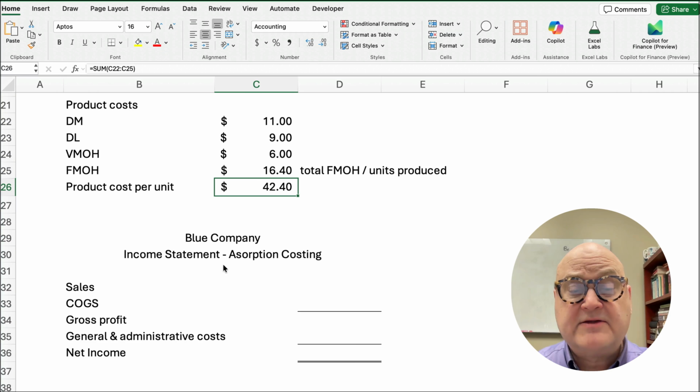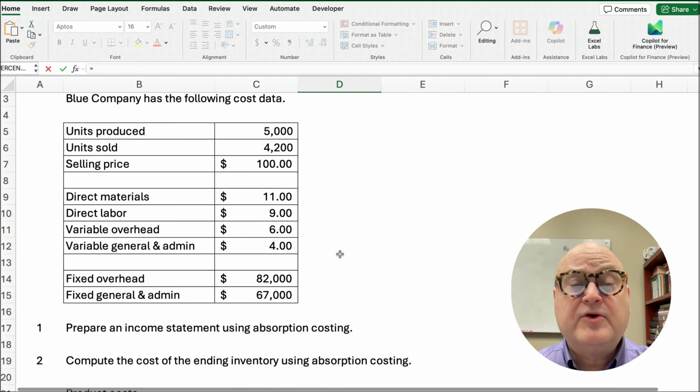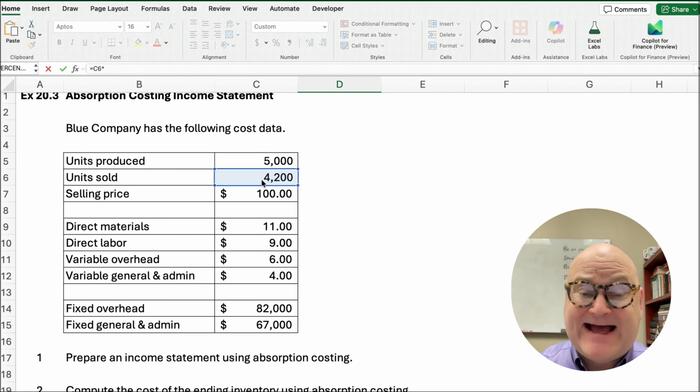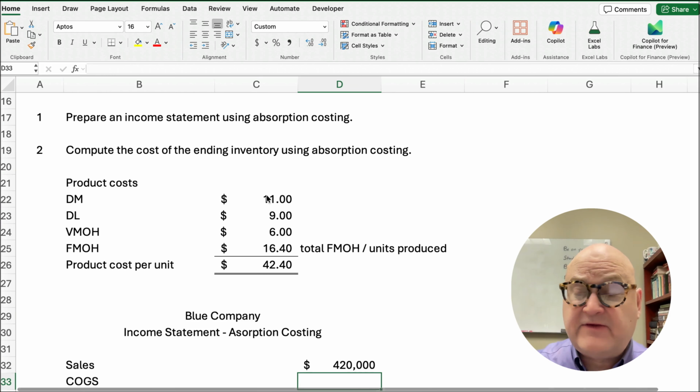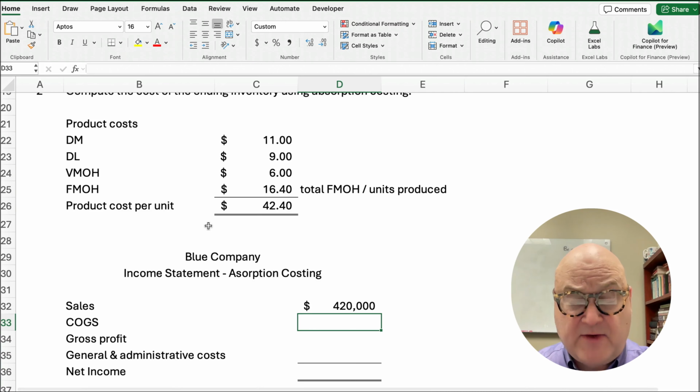So let's calculate the income statement using absorption costing. Absorption costing is the traditional costing. What's our sales? Our sales are going to be the units that we sold, 4,200 times the $100 selling price. So that's 420,000 is our sales.